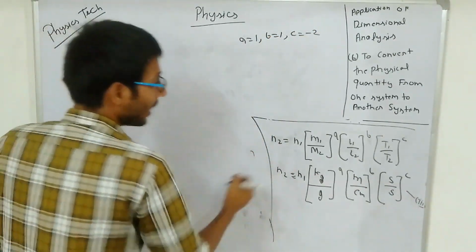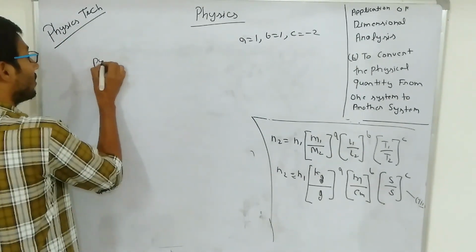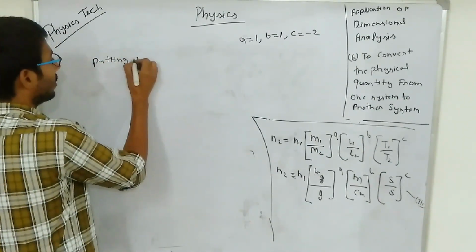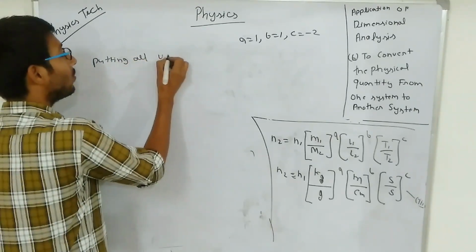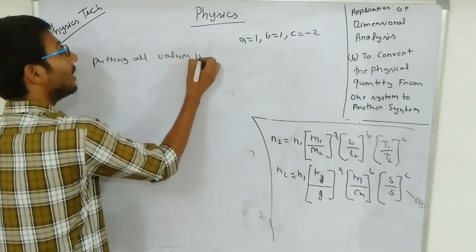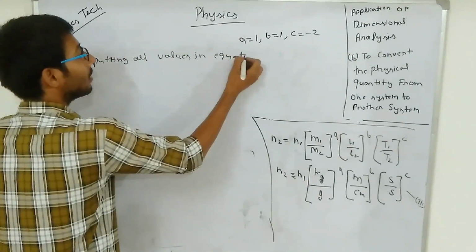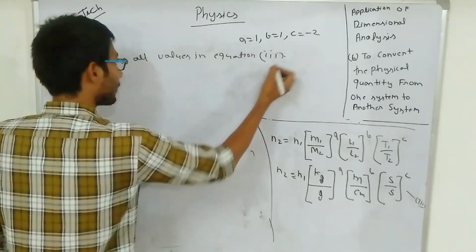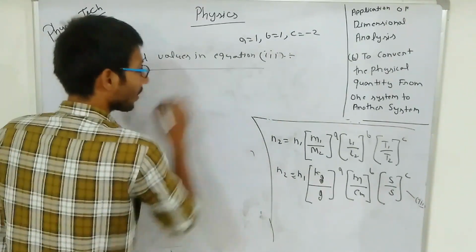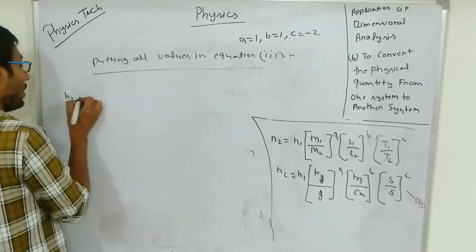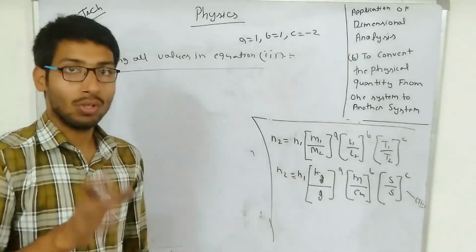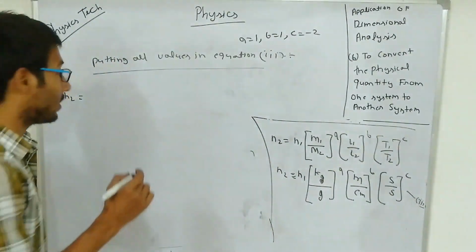Putting all these values in equation third, then we get n2 is equal to, here n1 does not have any numerical value, so the value of n1 is equal to 1.